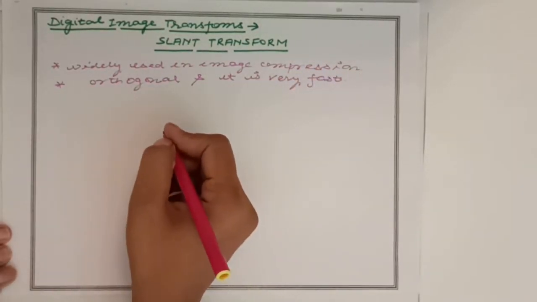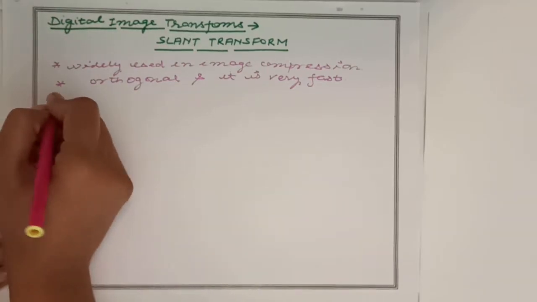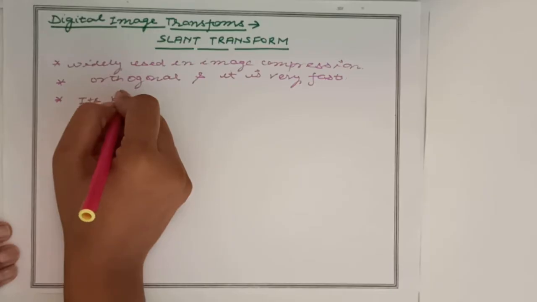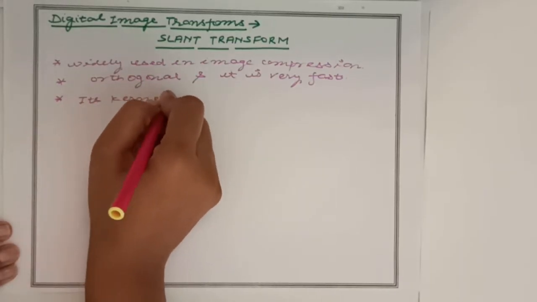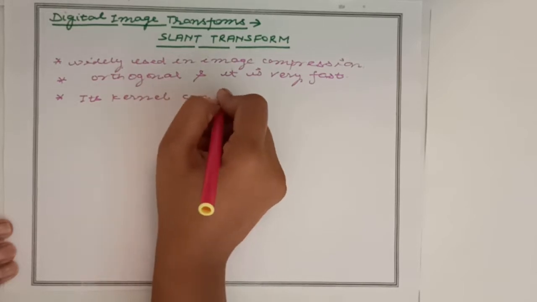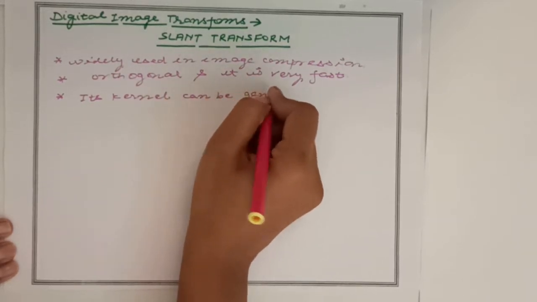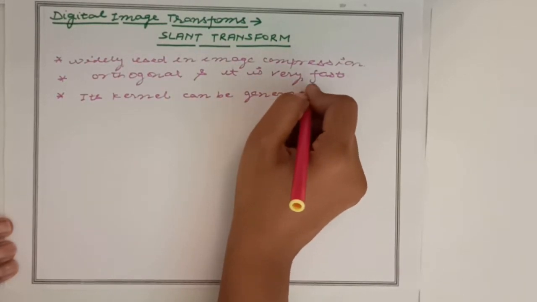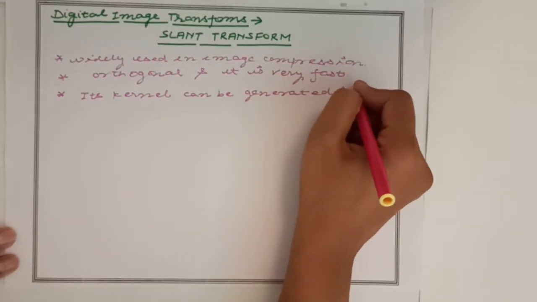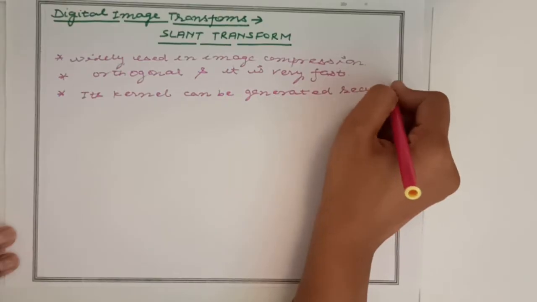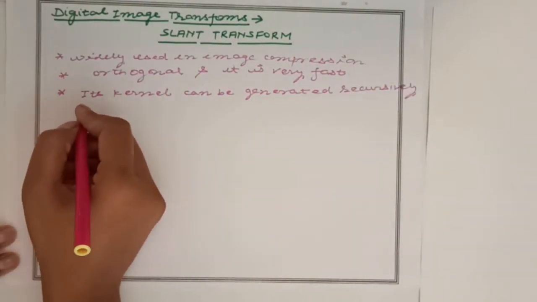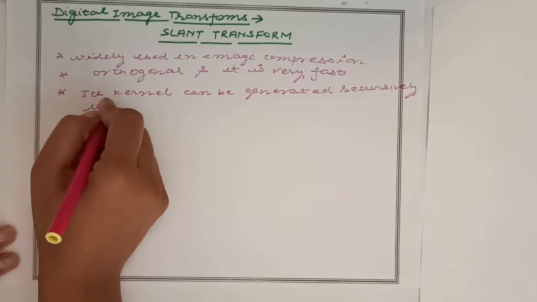Computing is done at a very fast rate and its kernel can be generated recursively, like the Hadamard transform.